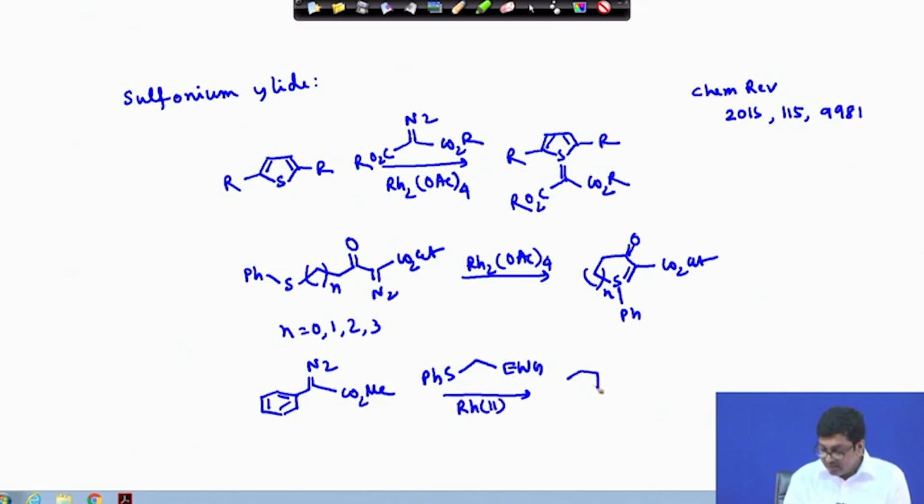Again it will give the sulfur ylide, that is this one. After that, tautomerization followed by sigmatropic rearrangement will give the desired product.